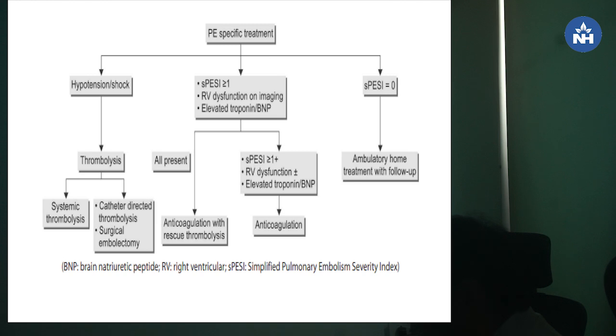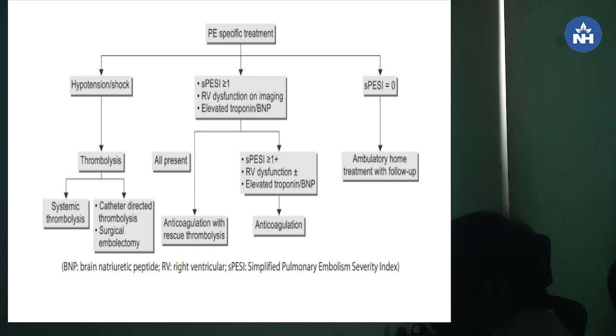Now treatment. Treatment is pulmonary embolism specific: if the patient has shock or hypotension, we have to thrombolyse the patient. Thrombolysis has three types. One is systemic thrombolysis, one is catheter directed thrombolysis, and another is surgical embolectomy.